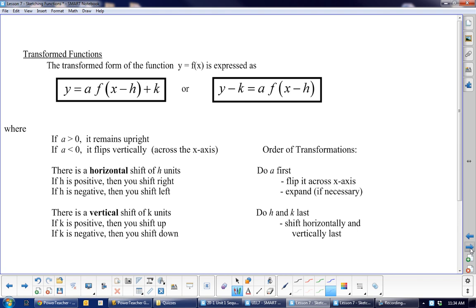Now, one thing that you always want to keep straight is do SRT, or you could do RST. The thing that has to be common is that transformations are always done last unless you are asked specifically to do it out of that order.